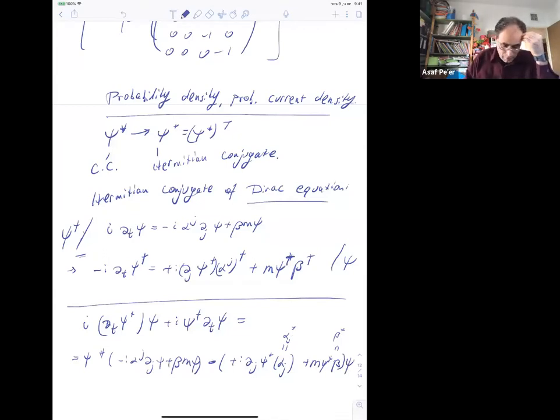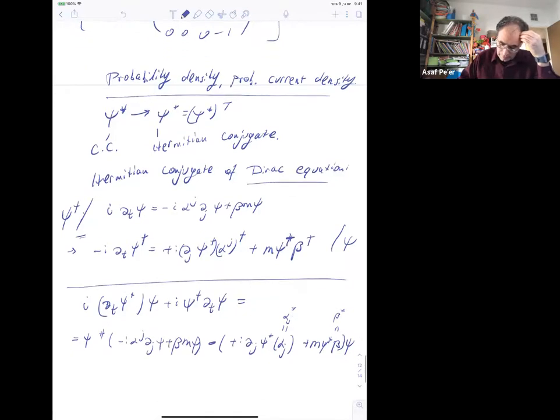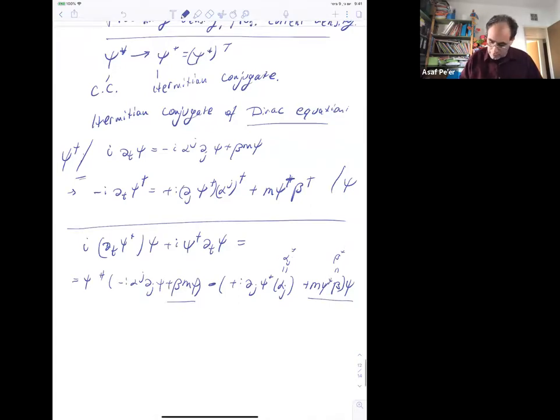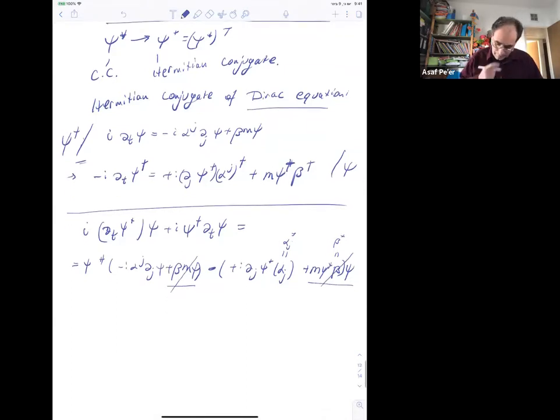Okay. So if I now just divide by i, and m is just a number, so I have ψ†βψ and ψ†βψ with a minus sign. This cancels out.